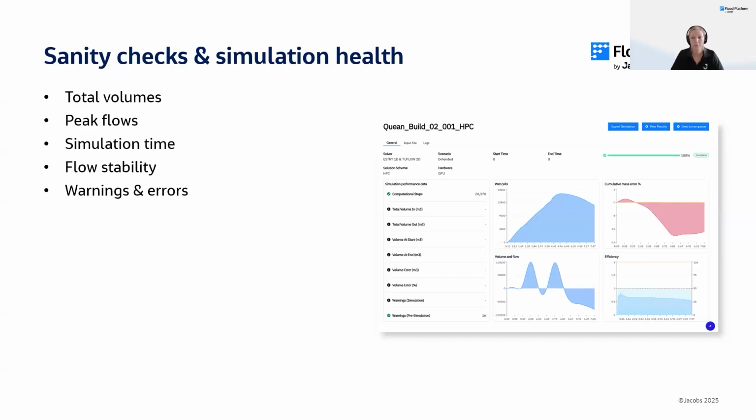Have a look at that total volume divided by the area that you're modeling, and that should give you your rainfall depth, right? So if you're in Southeast Queensland doing a 1% AEP, 120 mils, something like that, is reasonable. If you get 2 meters, something's wrong.